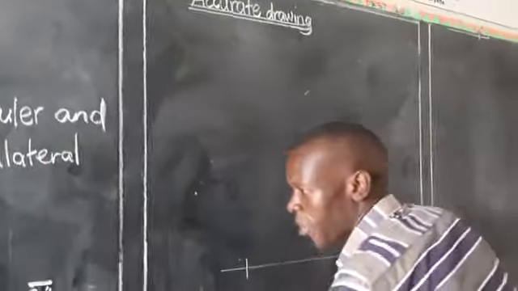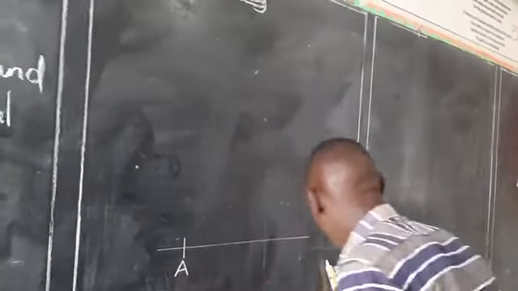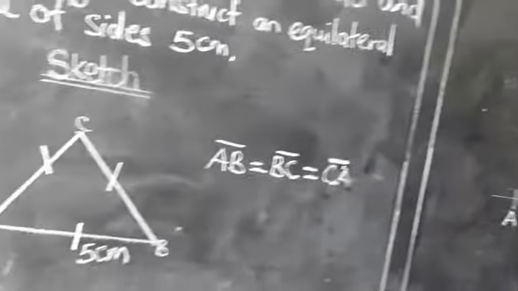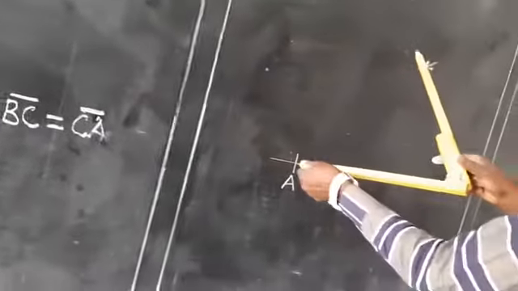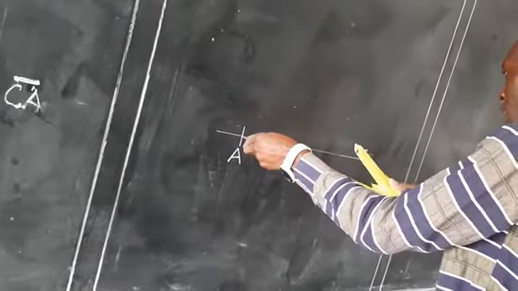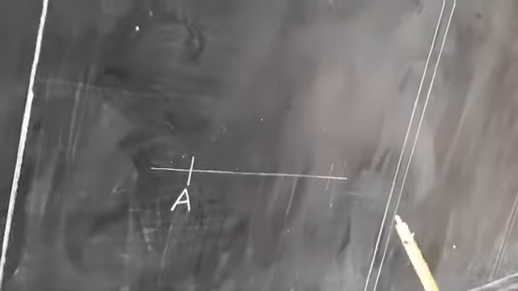What do you call that point according to the sketch? This is point A. Then it is at that point A where you come and stand. You see where you stand? Then you bring the 5 centimeters that you had measured, you bring it here. You have created an arc.